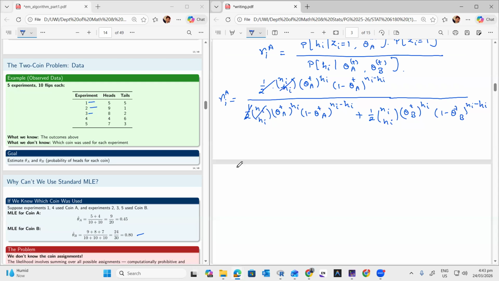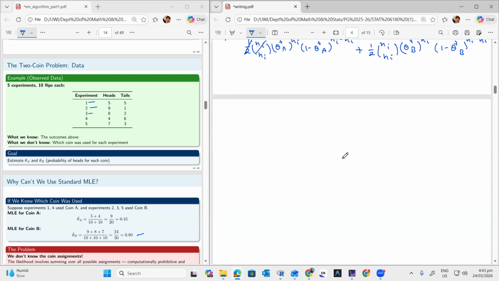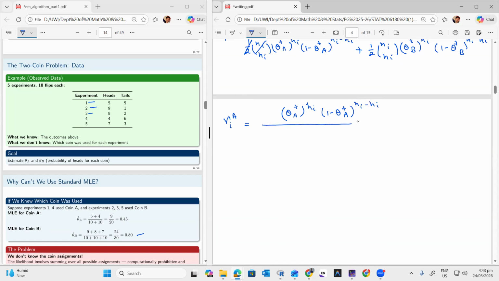So the simplified form of gamma I will be theta A at t raised to the power Hi, (1 minus theta A at the tth iteration) raised to the power Ni minus Hi, divided by theta A at the tth iteration raised to the power Hi, (1 minus theta A at the tth iteration) raised to the power Ni minus Hi, plus theta B at the tth iteration raised to the power Hi, (1 minus theta B at the tth iteration) raised to the power Ni minus Hi.